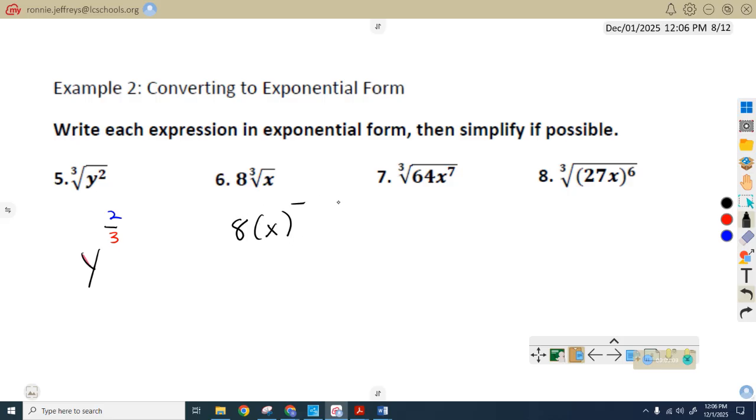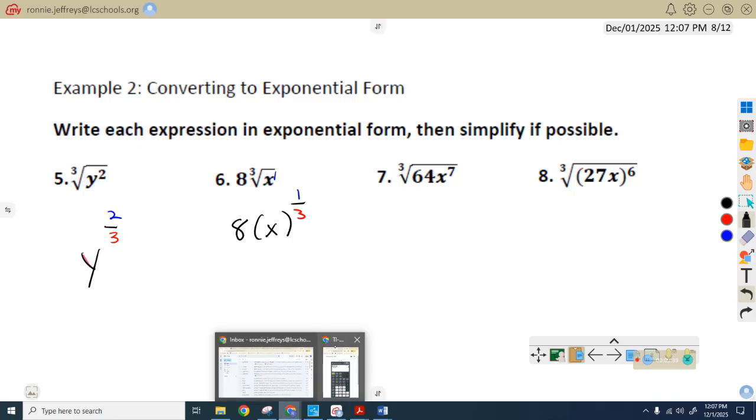All right, so what number's in the gutter? 3. And what's this power right here? 1. Now, we're going to see if we can deal with this number first before we do anything else with that letter.